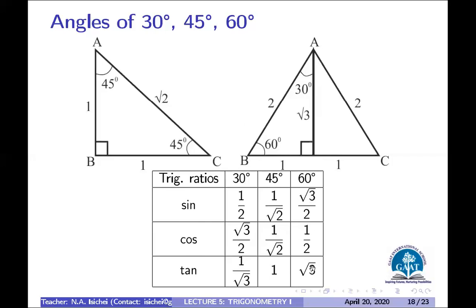So you are encouraged to memorize all these values, but better still, if you can remember the triangles, you don't need to cram anything. Remember the triangles, you can always derive these values in fraction. I will encourage you to understand it and remember the triangle, because you may get yourself confused.